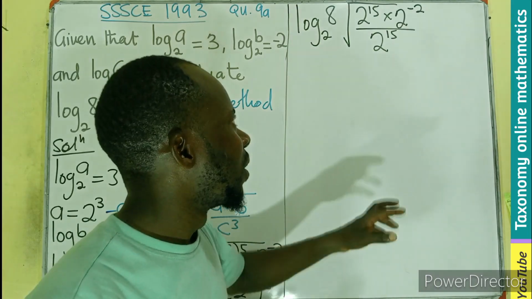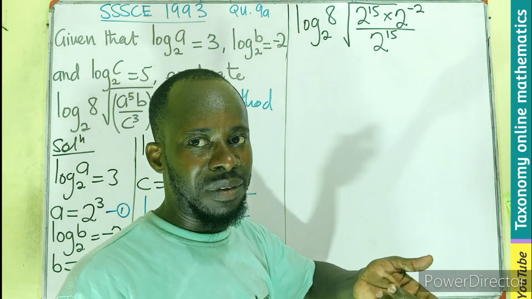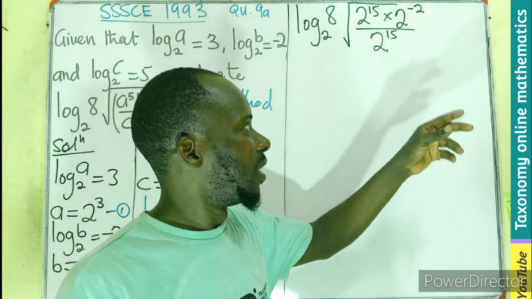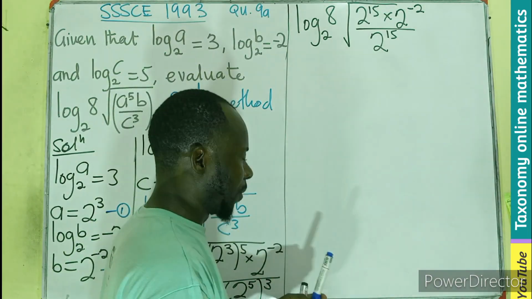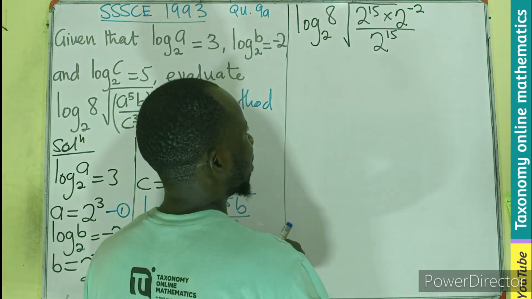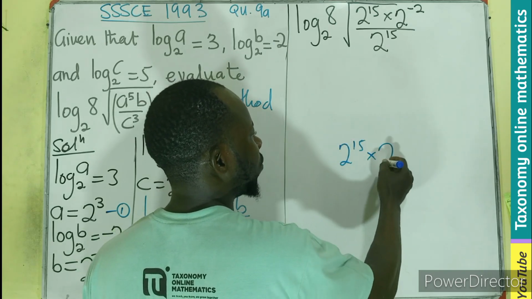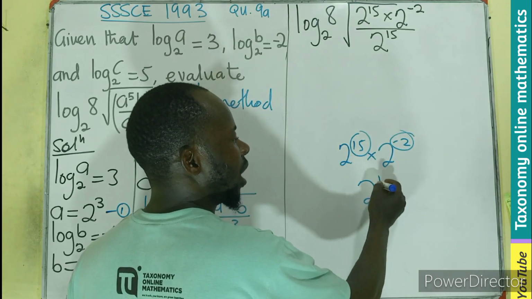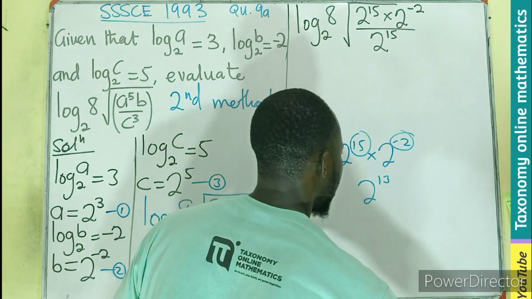And what can you see? We can also write the square root as a power of half. But in this case, I am seeing base 2 indices. If I have the same base, I add the exponents, meaning I'll have 2 exponent 15 times 2 exponent minus 2. We add the powers, and that gives you 2 exponent 13 at the numerator.